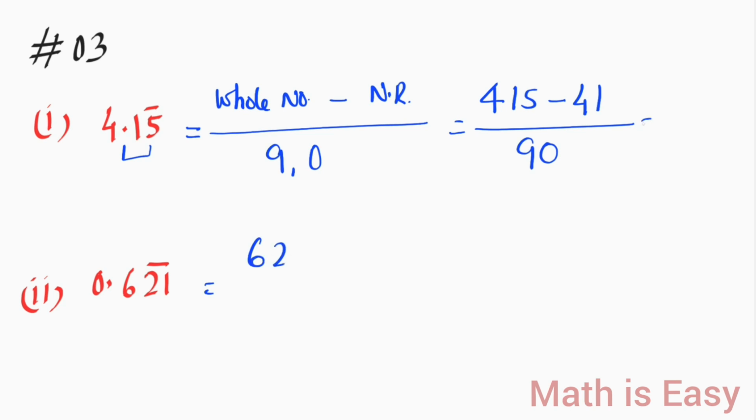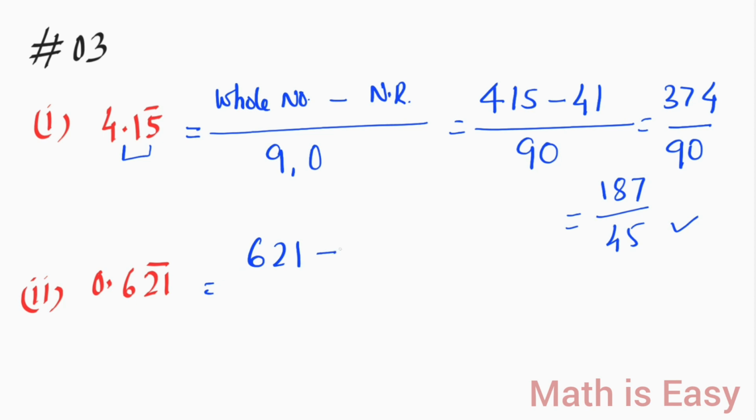Now we further simplify it, and it becomes 437 upon 90, and we can simplify this further to get 2 ones are 2, 2 eights are 16, 2 sevens are upon 45, okay, and this is our answer. And here it becomes 621 minus the non-repeating part, that is 6, upon 2 nines here because 2 digits are repeating, and between the repeating digits and the decimal point we have 1 digit, so we put one 0 here.